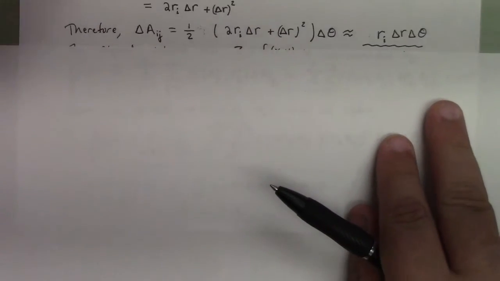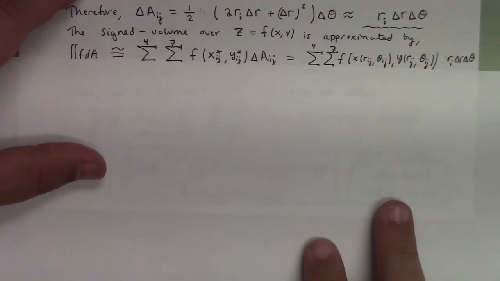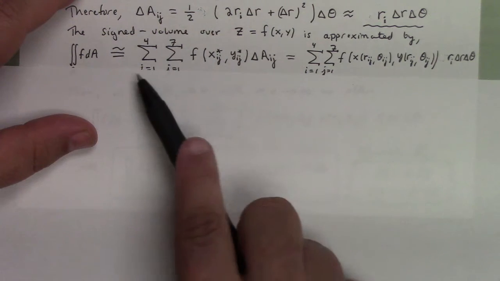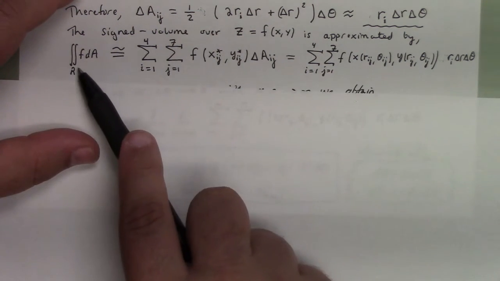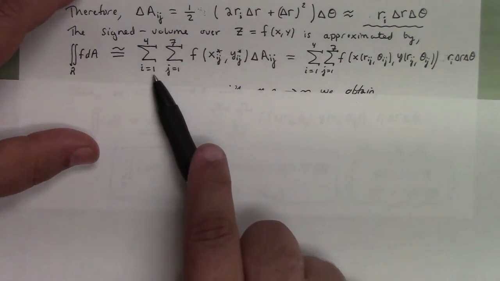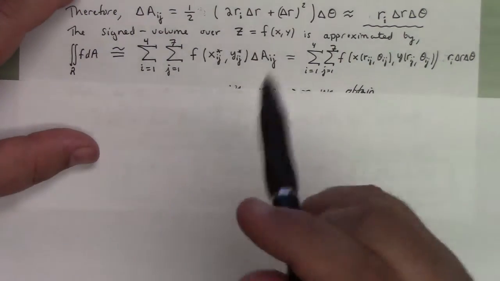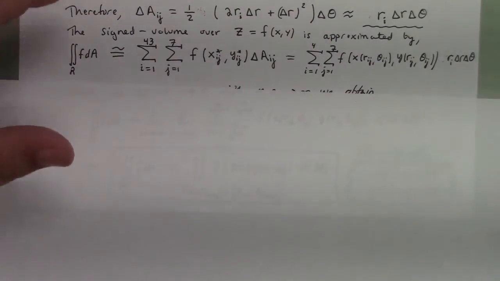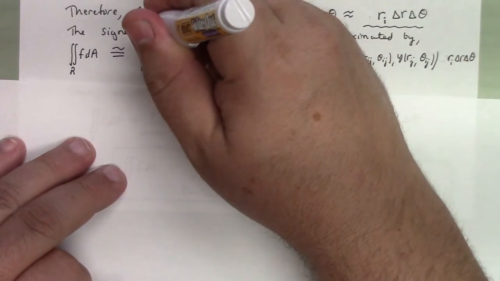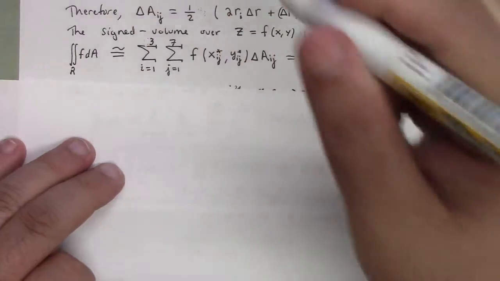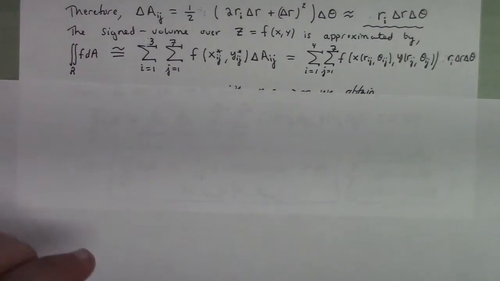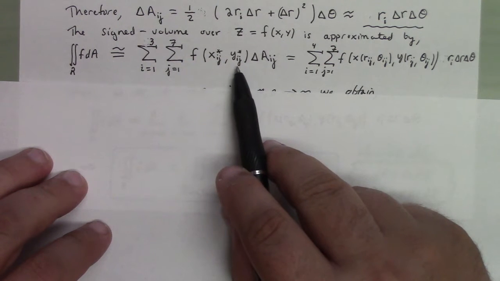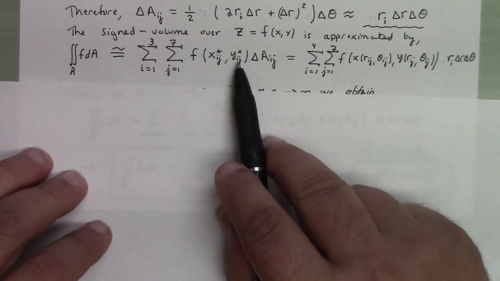And so the signed volume under z equals f of x y is approximated by, well, of course that's the integral over the region R, but we could write that as the sum i equals 1 to 3, because I actually had 3 in my toy example here, j equals 1 to 7, and then I'm using x sub ij star, y sub ij star as sample points.